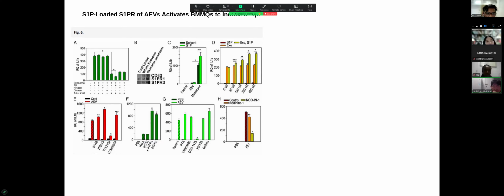And overexpression of S1PR1 or 3 greatly induced inflammation in the macrophages.